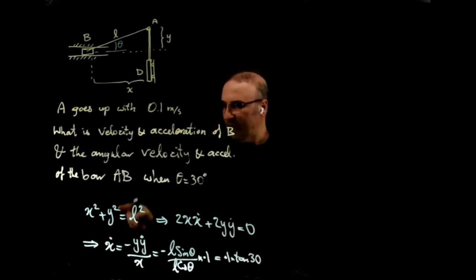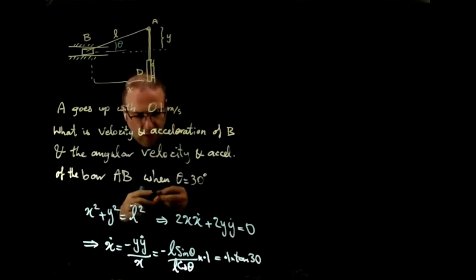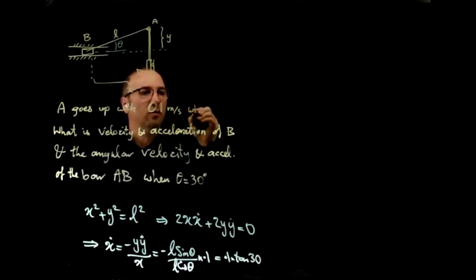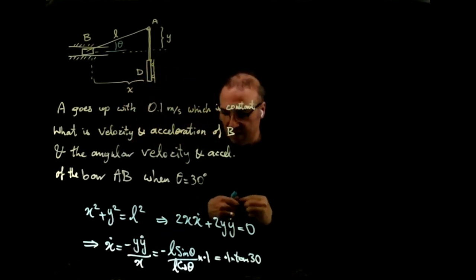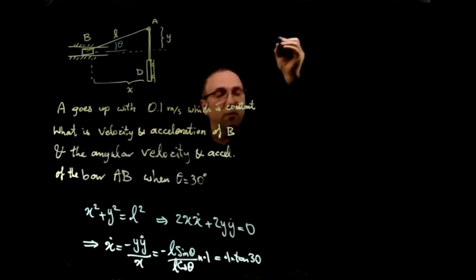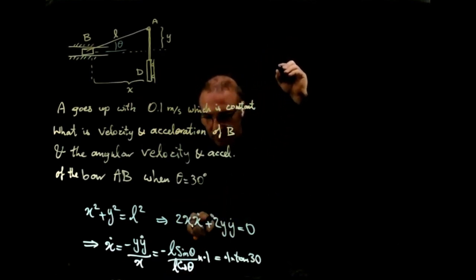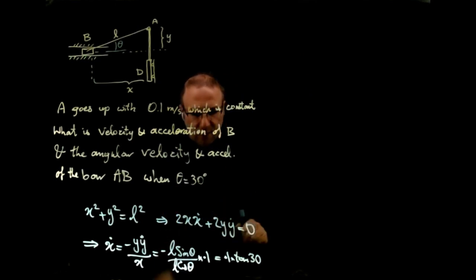Now, if you want to find the acceleration, I can do the derivative of this one, or I would prefer to work with this one. And because it goes up with that velocity, which is constant, it is constant velocity. So if I do another derivative of this one, let's cancel out 2 first.